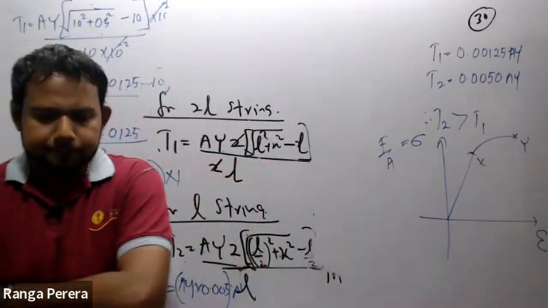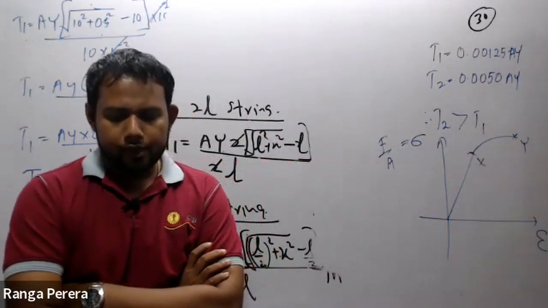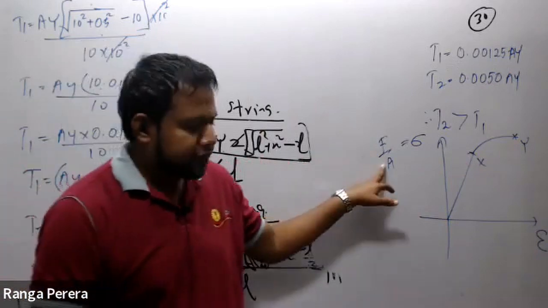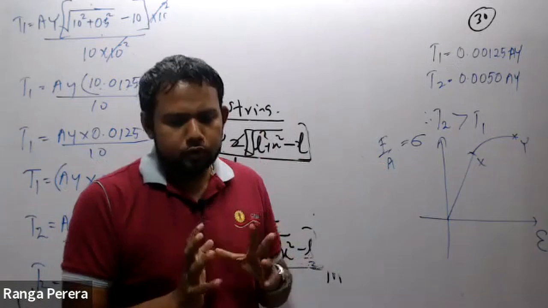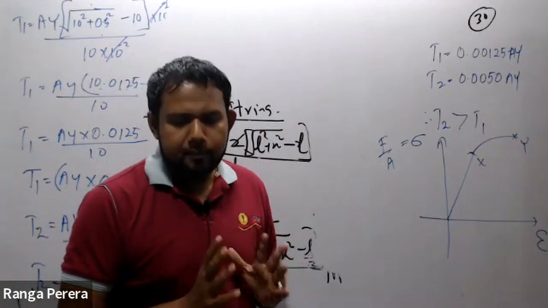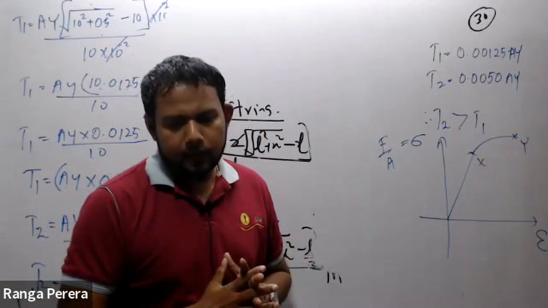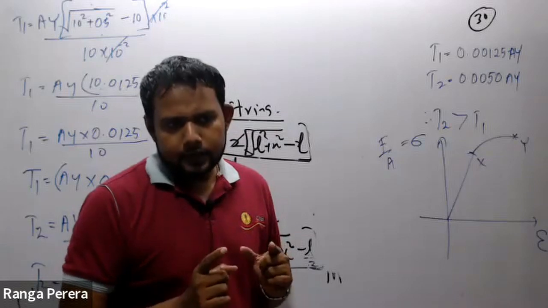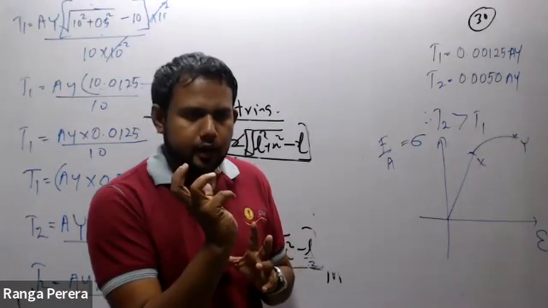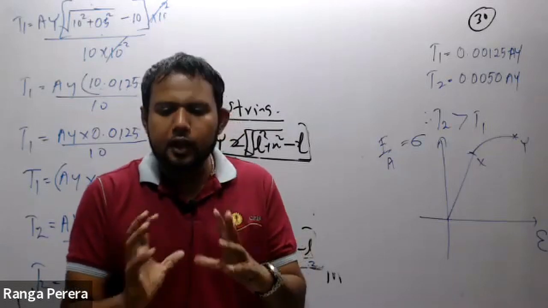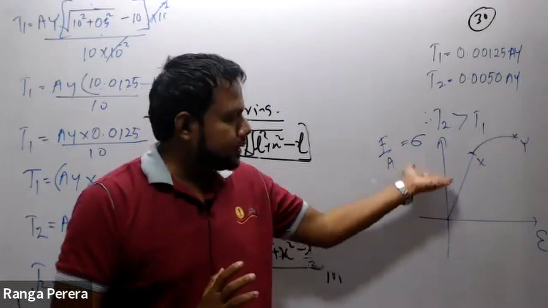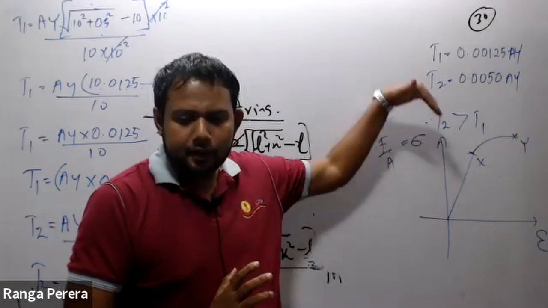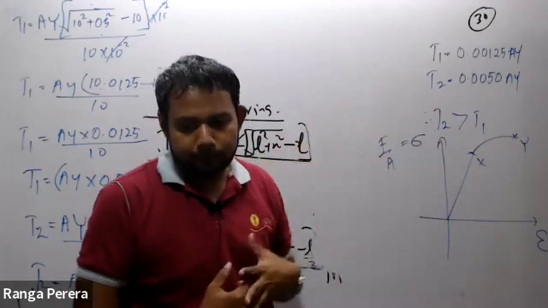Is it clear? Because same area for both nylon strings, same area. We realize the tension is greater for the shorter nylon string than the longer one. The tension is increased, that means the stress is increased more rapidly than the longer one.